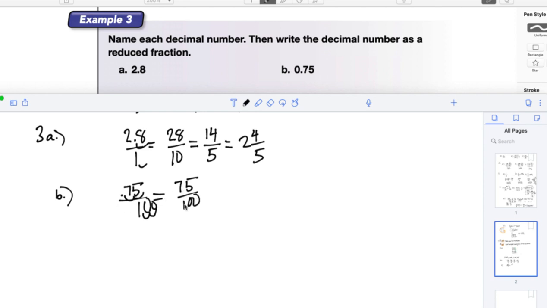So now 0.75 is 75 over 100, and I think you already know the deal. We're going to divide the top and bottom by 25 because we're going to reduce this fraction, and when we do that, we get exactly what you thought, 3 over 4, because 75 divided by 25 is 3, and 100 divided by 25 is 4.